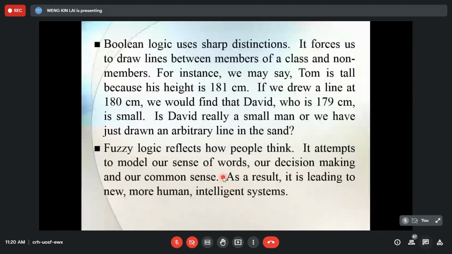As a result, it is leading to new, more human intelligent systems because it's based on how people think, and how people, as a result, do things. So if we agree that humans are smart, intelligent, therefore we are building towards more human intelligent systems on this new technology called fuzzy logic. So far so good. Okay.